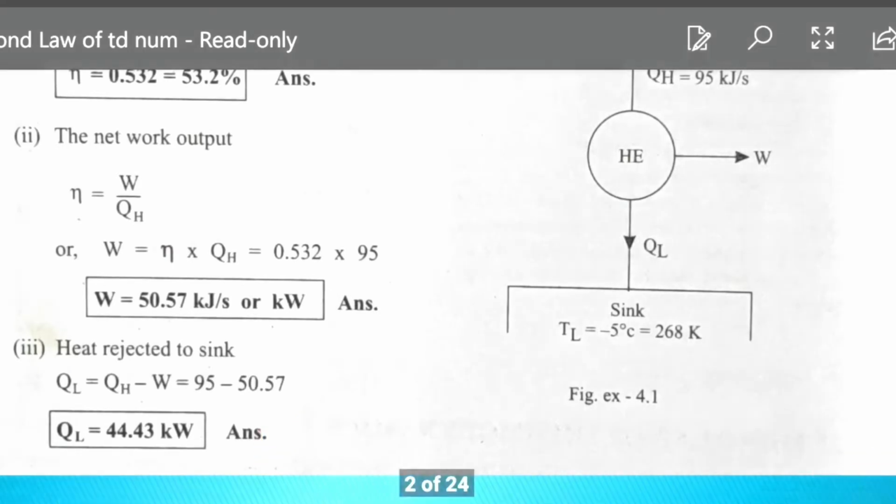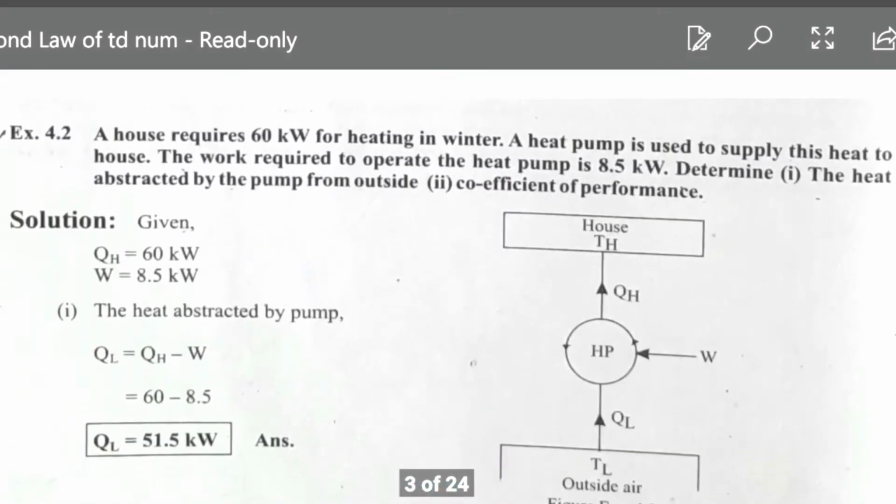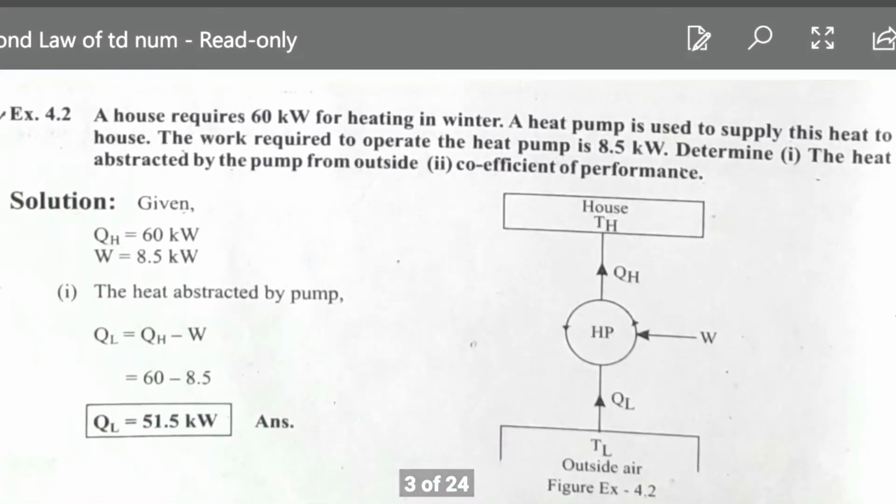Okay. Now the next problem: a house requires 60 kilowatt for heating in winter. A heat pump is used to supply this heat to the house. The work required to operate the heat pump is 8.5 kilowatt.